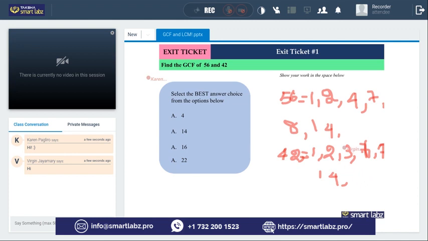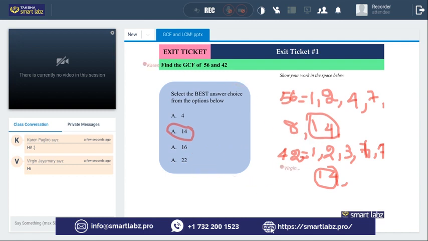So greatest common factor. I'll add a few more numbers. No, it's 14. So I'll go with 14. It's okay. If you wanted to do more numbers, I was going to let you do more numbers. I'll go with 14 because I got the common number, which is 14.